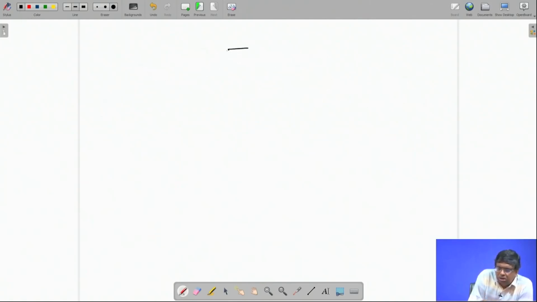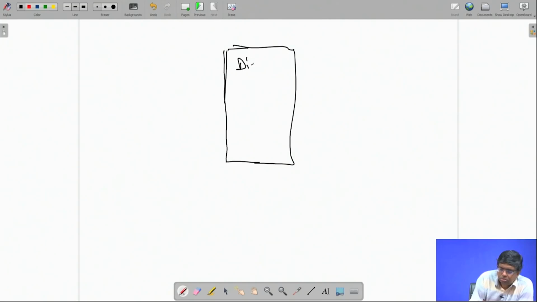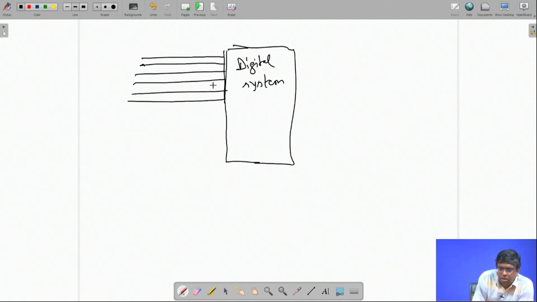To continue, suppose I have got a digital system. It takes two inputs, A data and B data. A data may be like this, six lines. So, this is A, with LSB A0. You can write it as a function of n, the nth data clock.